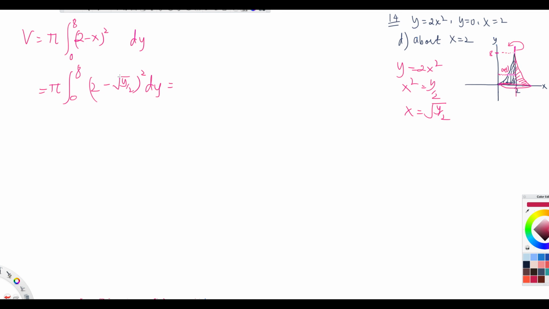So 2 minus root y over 2, squared. It is just like FOIL: 2 minus root y over 2, times 2 minus root y over 2. That will be pi, 0 to 8. How much would that be?